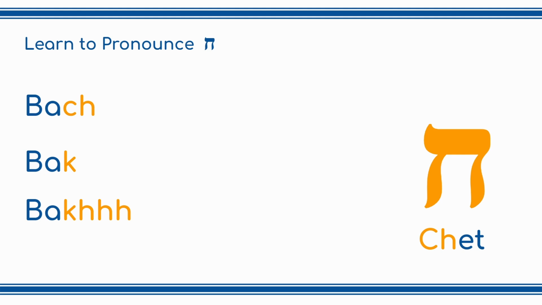But what you should actually do is probably just listen to someone saying the name Bach over and over and over again. And eventually you will be able to start to imitate it. So maybe for a minute, listen to just someone pronouncing the name Bach, Bach.